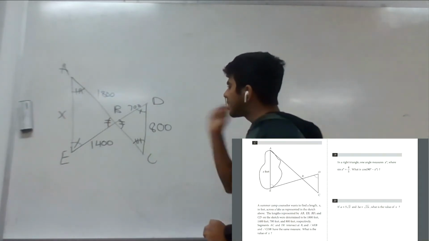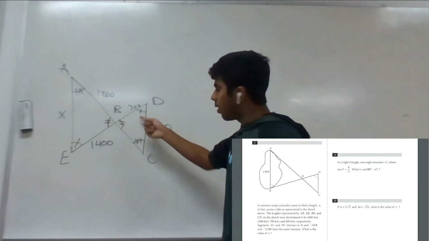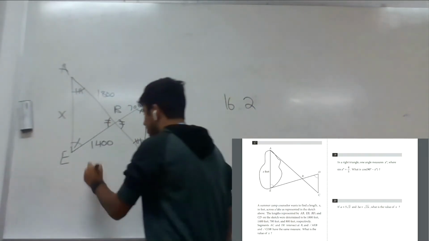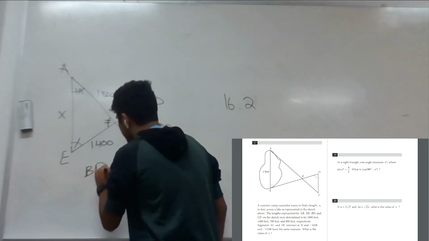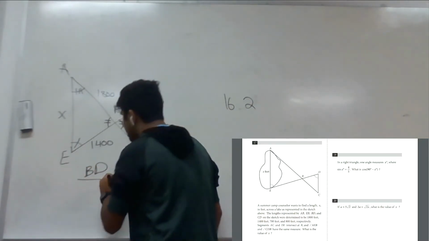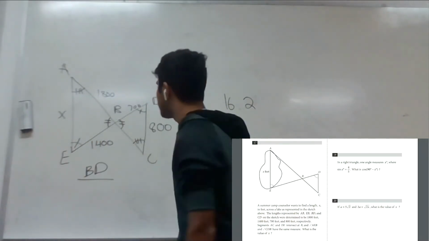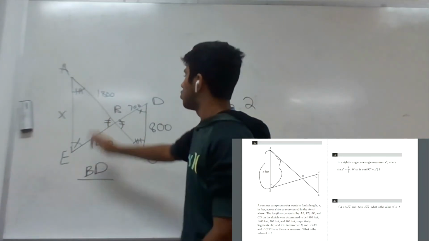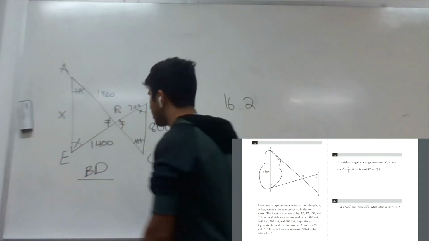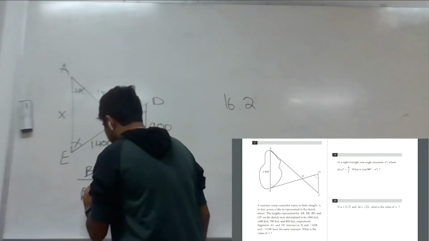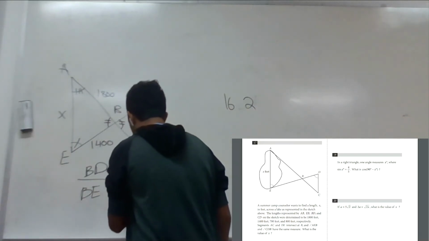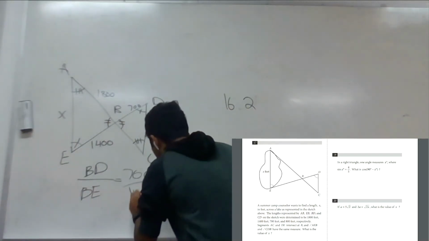The side that's in between the 2 and the 1 is BD. And that's going to be similar, with that ratio, to the other side in between the 2 and the 1, EB, or BE. Now that's 700 over 1400, which is 1/2.